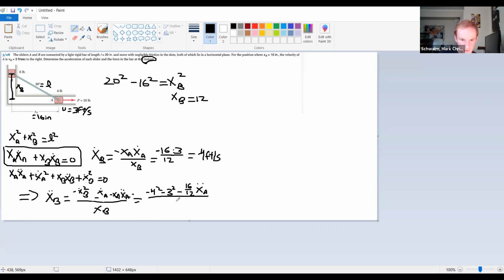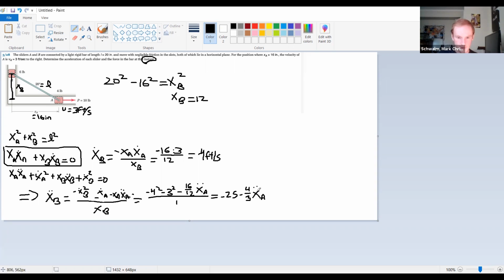Then x b is 12, so 12 over 12, that's going to be 1. If we further simplify this, we can get x double dot b is equal to negative 25 minus 4 thirds. I don't want to deal with decimals right now. x double dot a. Cool.